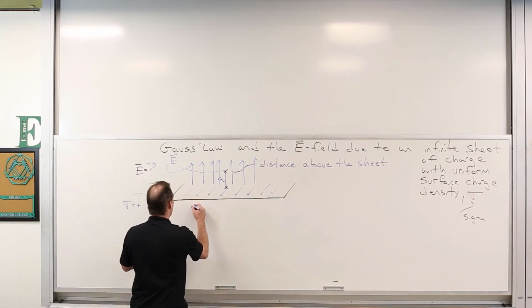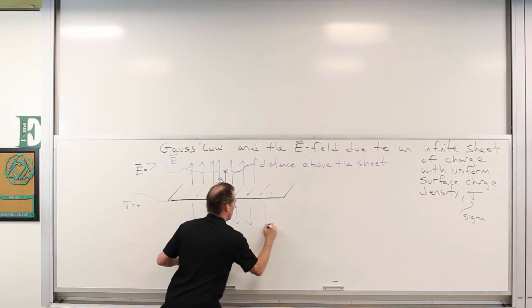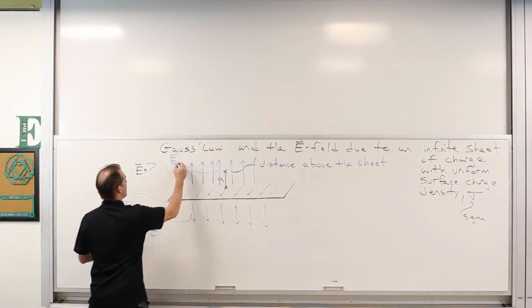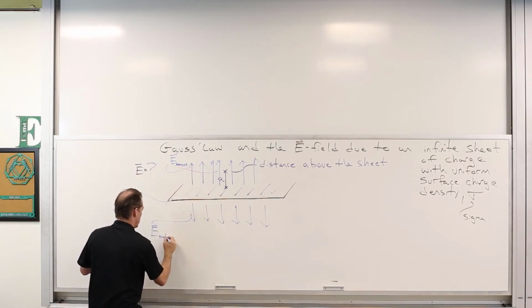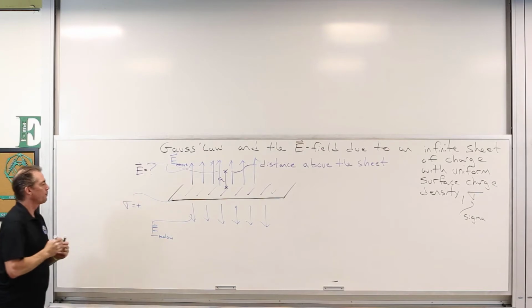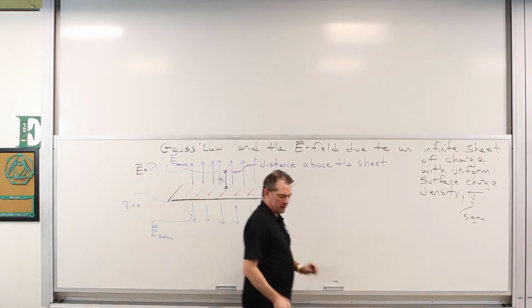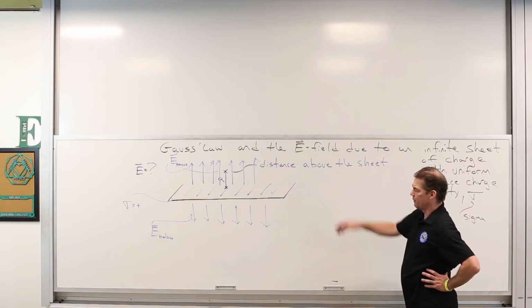So down below it, we've also got this. So this is something that we've got to be careful of. E hat above, E hat below. All right, so we've got that worked out with what we should expect for the directions of the electric field relative to the sheet.